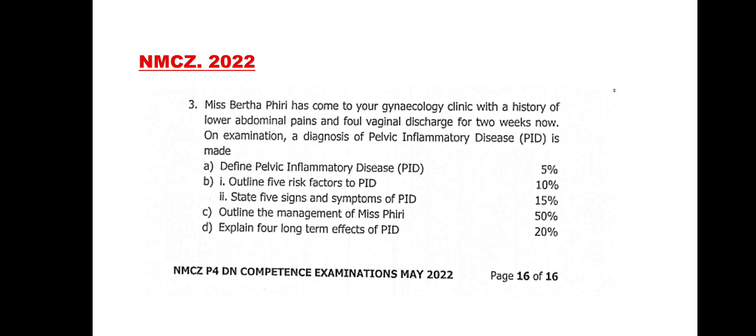This makes it easier for organisms such as chlamydia or Neisseria gonorrhoeae to invade. So this increases the risk of ascending infection, then they go upwards, affecting the pelvic structures. So that was on sexual behaviors.